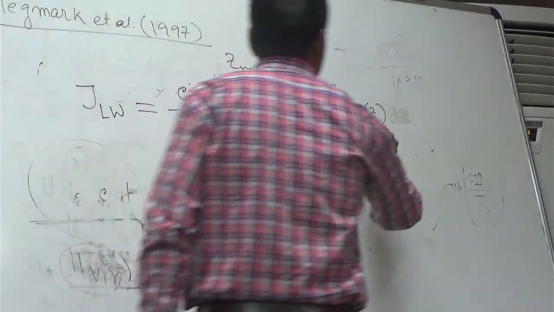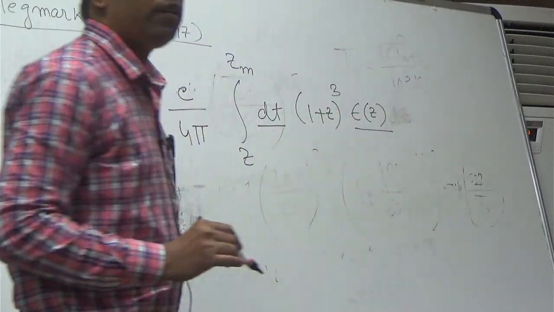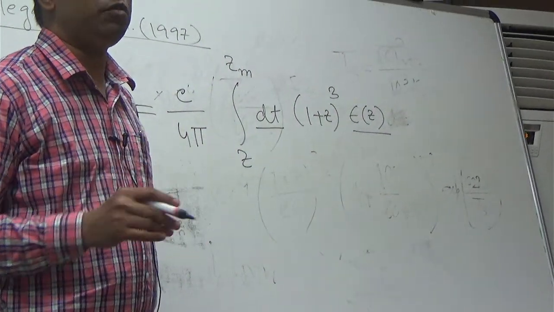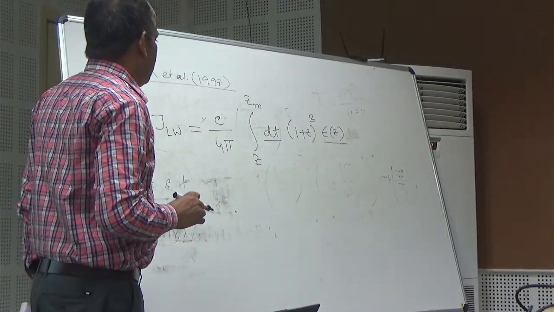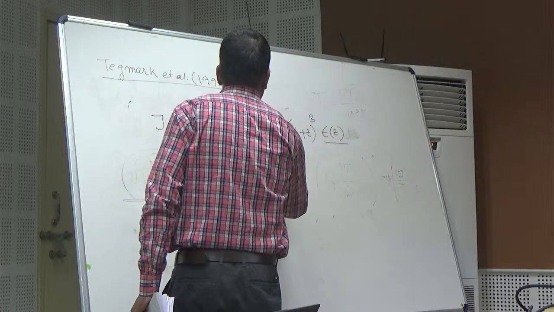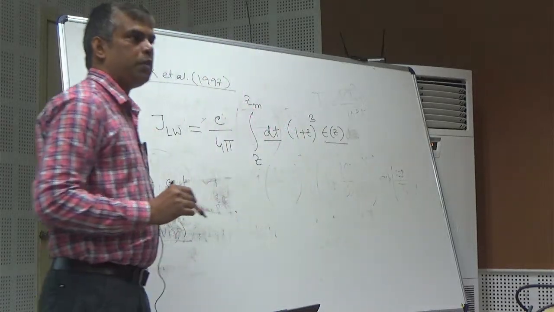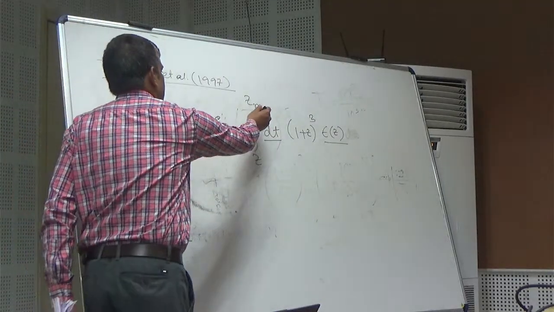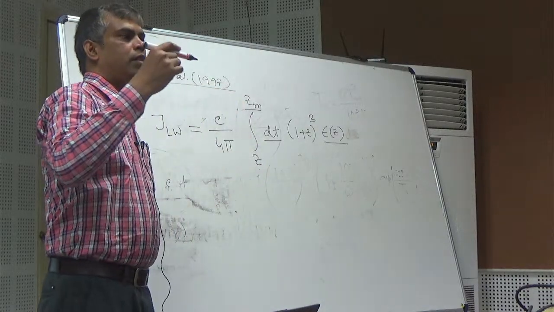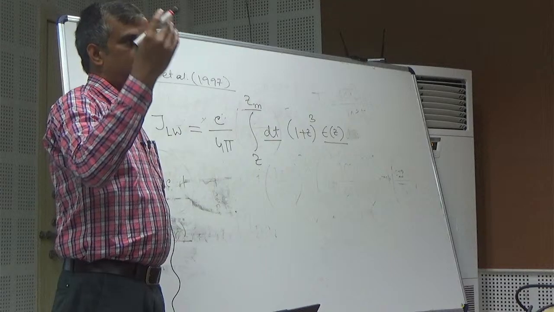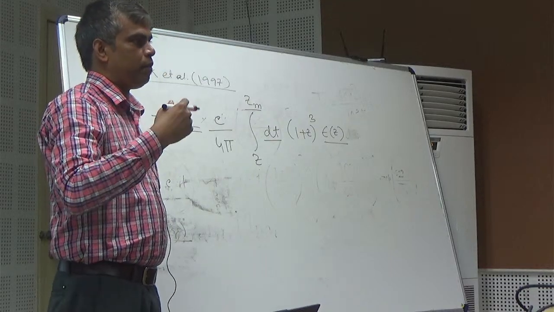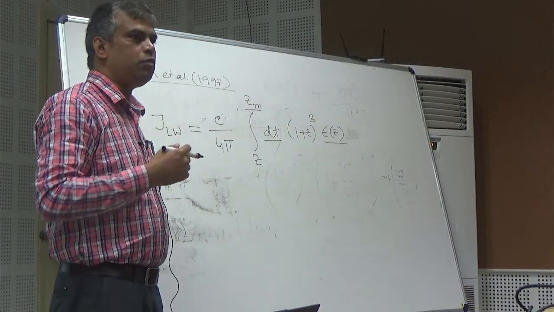Now this is the Lyman-Warner photon emissivity, the source emissivity for the Lyman-Warner band. And z is the redshift of interest, and z_m is the maximum z from which photons higher than the Lyman-Warner band can redshift into the Lyman-Warner band.